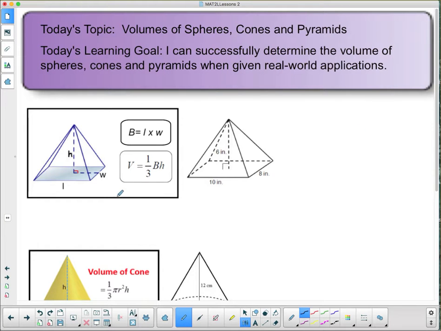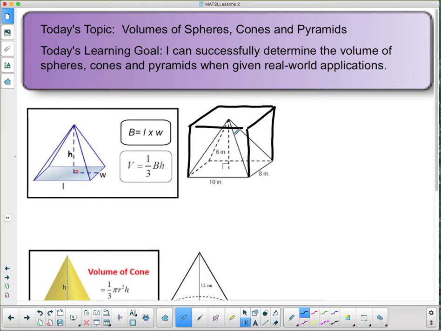Now, this is the formula for the volume of a pyramid. But we don't really even have to look and memorize formulas. We just have to understand that the volume of a pyramid is very much related to the volume of a prism. And we recapped the volume of the prism yesterday.